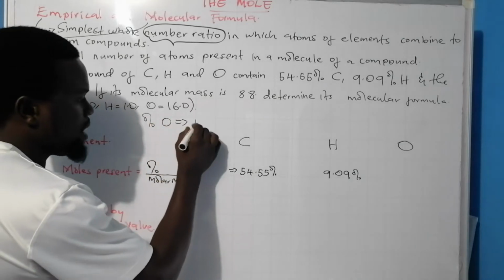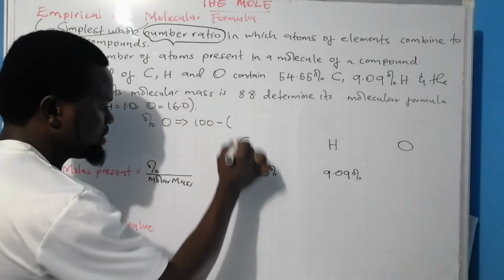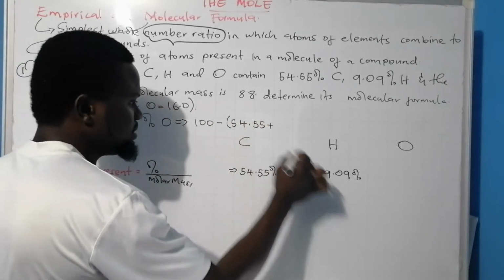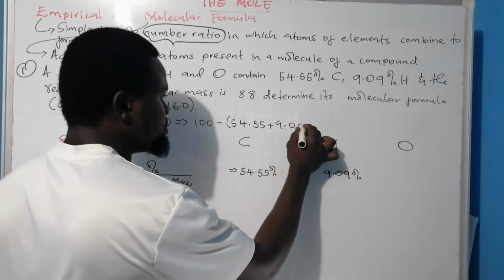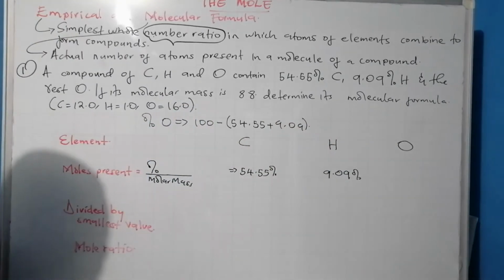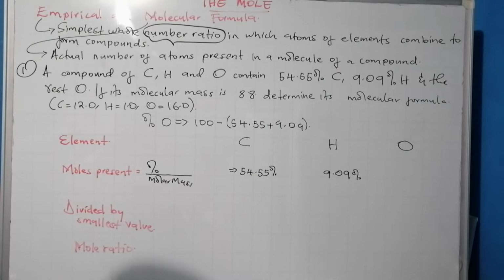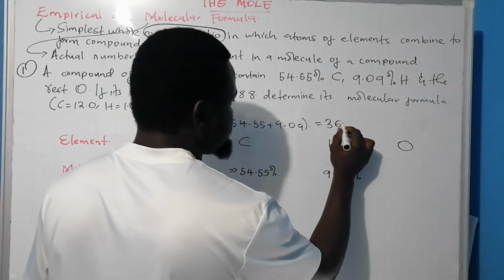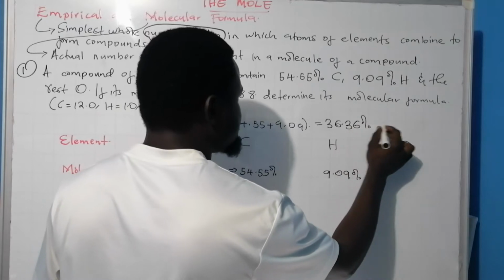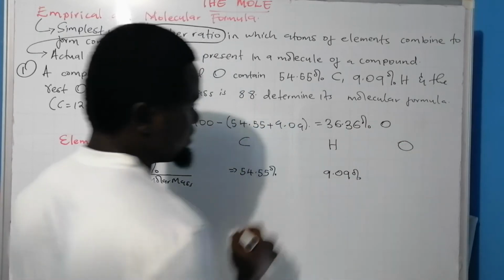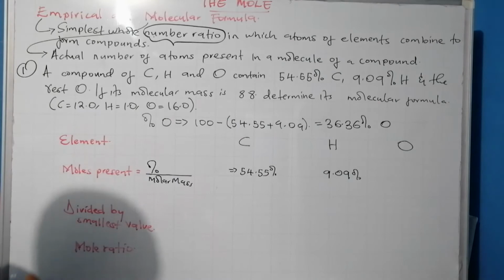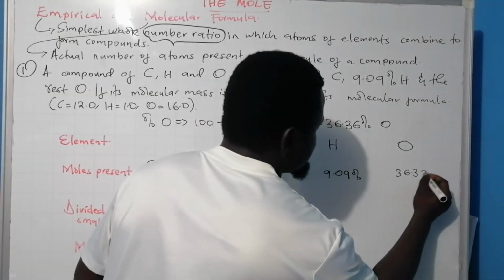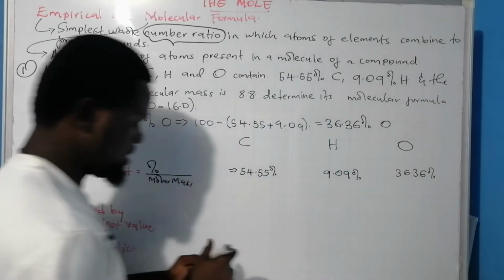It will be 100% minus, when I add 54.55% plus 9.09%. Now, when I punch that in the calculator, I'll get 36.36% of oxygen. Therefore, that will be the mass of oxygen, 36.36% by mass of oxygen.